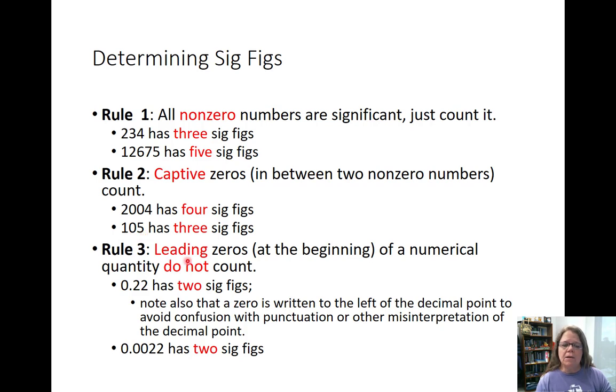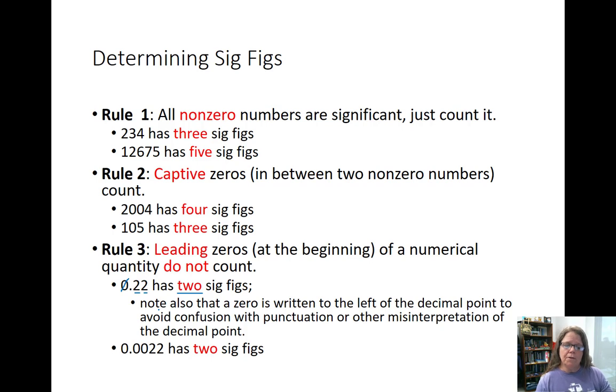Now, leading zeros, if they're at the beginning, you don't count them, okay? They are not significant. If I look at 0.22, this leading 0 is not significant, okay? The 2 sig figs are this 2 and this 2, all right?